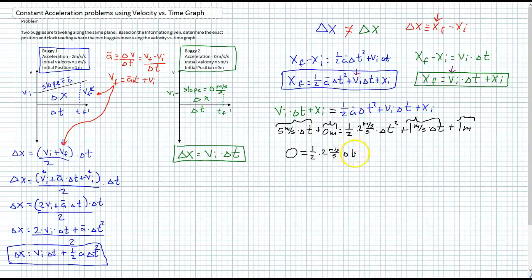Most of you will probably reduce that. 1 minus 5 equals -4. And let's just do that reduction right now. Delta t squared minus 4 meters per second times delta t plus 1 meter.